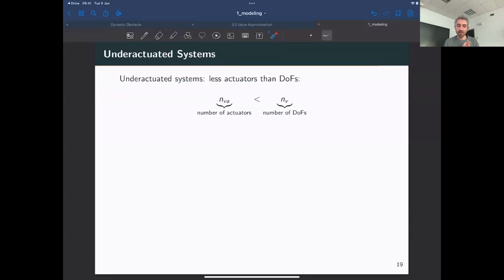Okay, then underactuated systems. Well, I already told you that these are systems for which the number of actuators is less than the number of degrees of freedom.